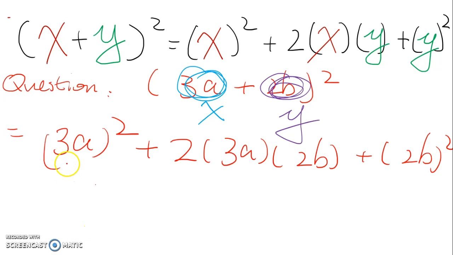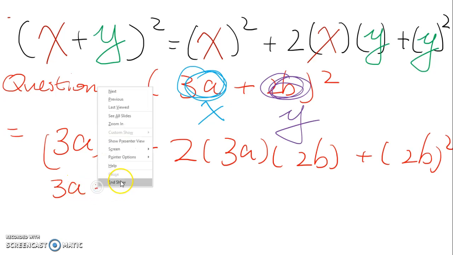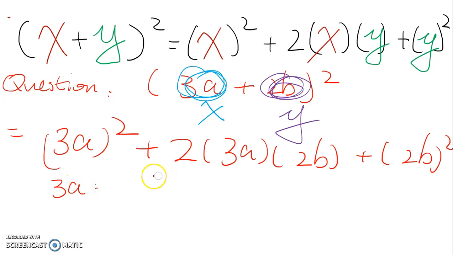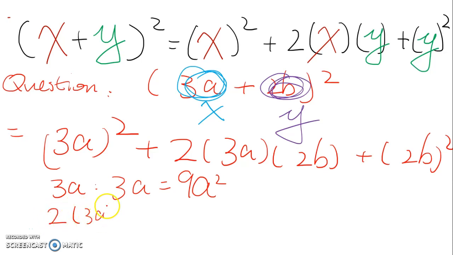Now, not sure if I have enough space. I'll try to squeeze in (3a) squared, which means 3a times 3a. Now, like we said last time, we have numbers and letters. Numbers, 3 times 3 equals 9. Letters, a times a, which equals a squared. Next, we have 2 times 3a times 2b.